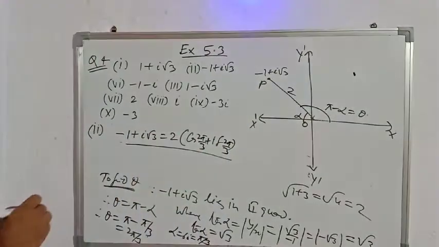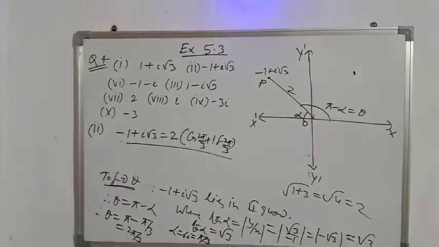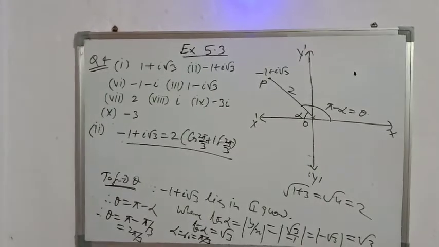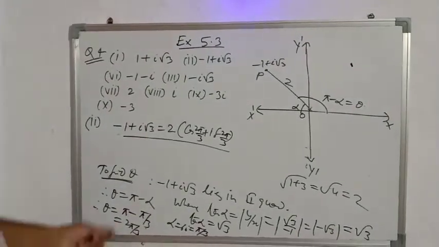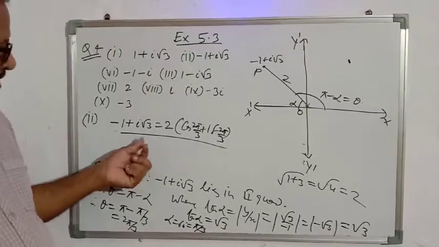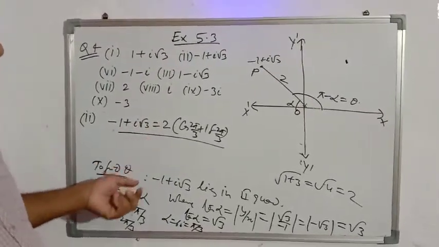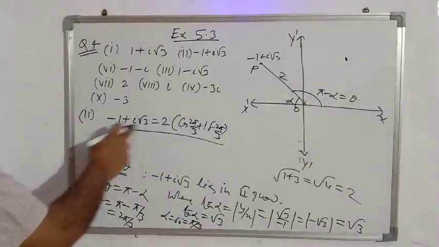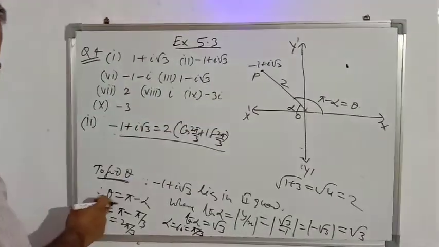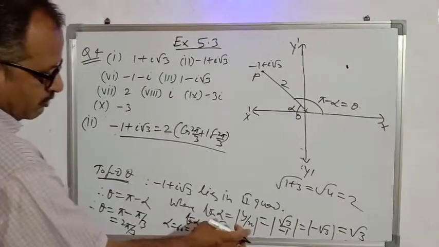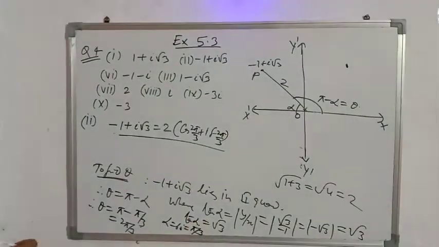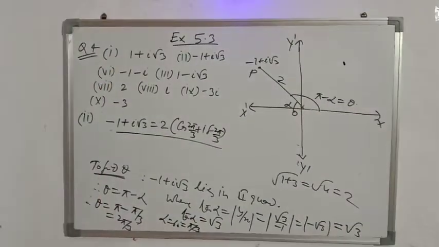This is the polar representation of minus 1 plus i root 3. So it is very simple to find r, but we have to pay attention when we find the theta, the amplitude. This lies in the second quadrant, so theta will be pi minus alpha, and alpha we have to find by this relation.